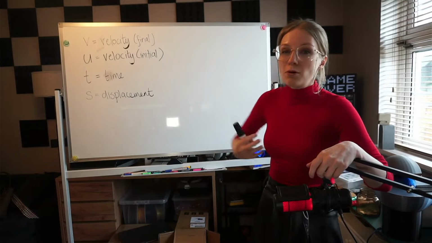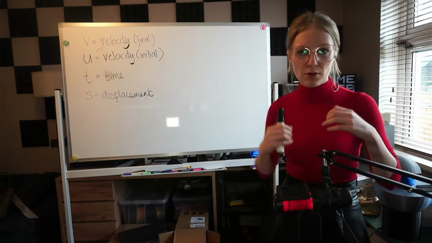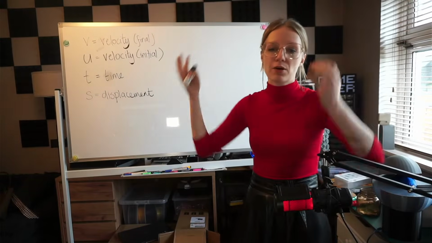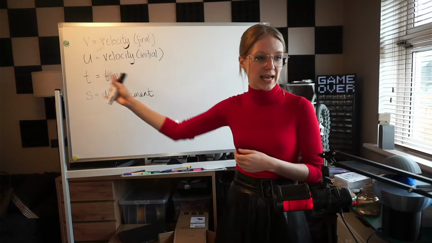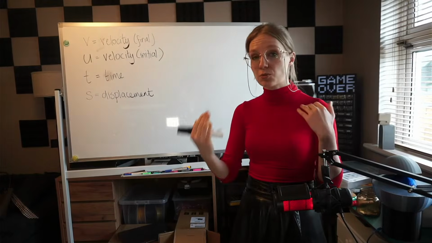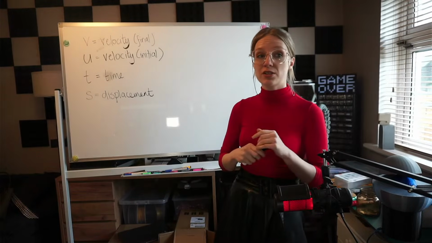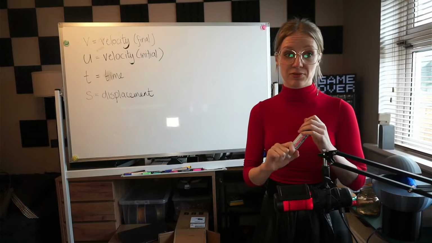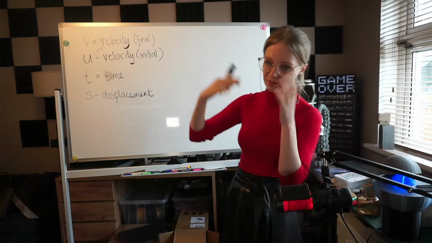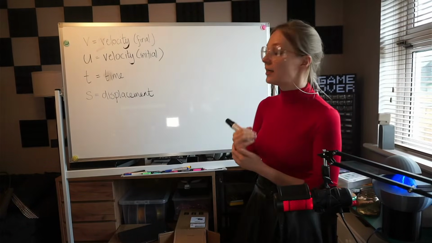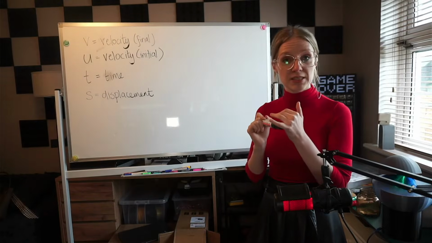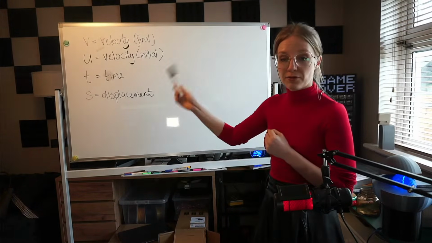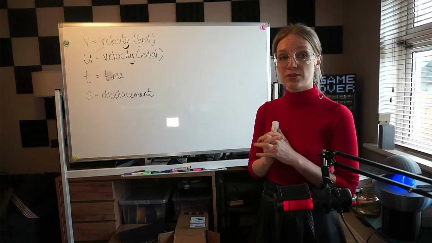But again, most of the time we know what we're talking about. Most of these problems are arbitrary, and it doesn't matter what notation you use. We generally stick to S for displacement. It's a bit weird because we do use the letter D sometimes for distance. We even use the letter R sometimes for distance, usually coming from radius, and there's a history behind it. But just bear in mind, it could be D sometimes, it could be R, but from here on in these problems, I'll be using the letter S.